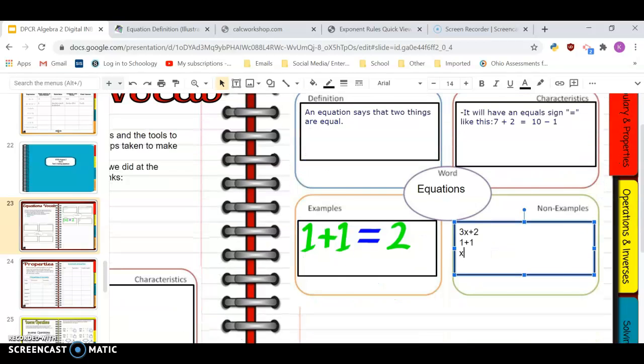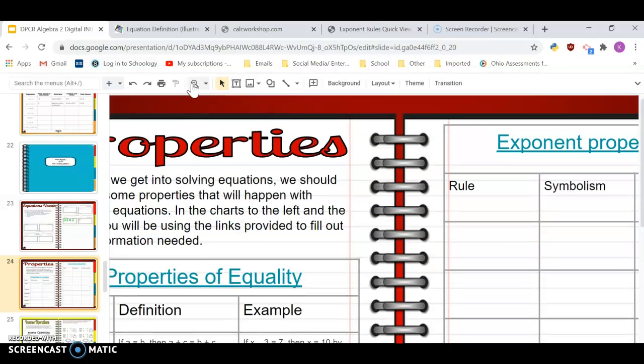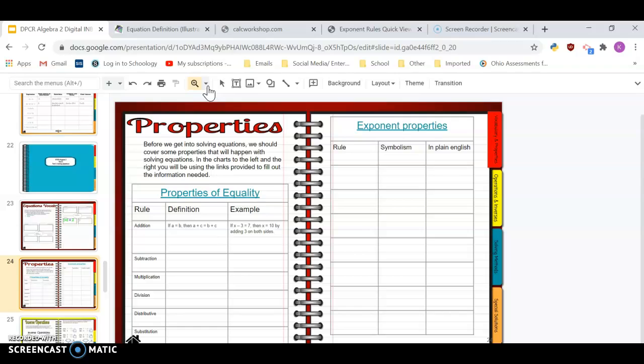I'm going to let you guys do the one for inverse operations on your own. Now, going to the next part of our vocab section, we have this chart right here that goes over properties that we are going to be seeing as we go through the next part of our unit.